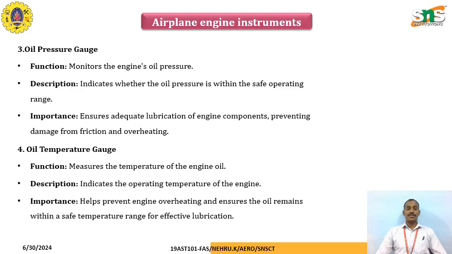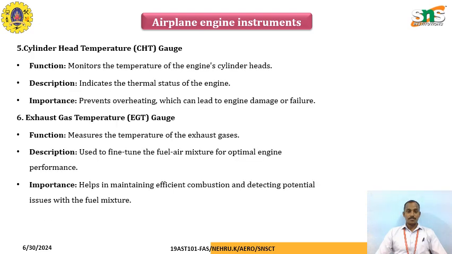The importance of this gauge is ensuring adequate lubrication of engine components, preventing damage from friction and overheating. Fourth one, the oil temperature gauge, measures the temperature of the engine oil and indicates the operating temperature of the engine. It helps prevent engine overheating and ensures the oil remains within the safe temperature range for effective lubrication.